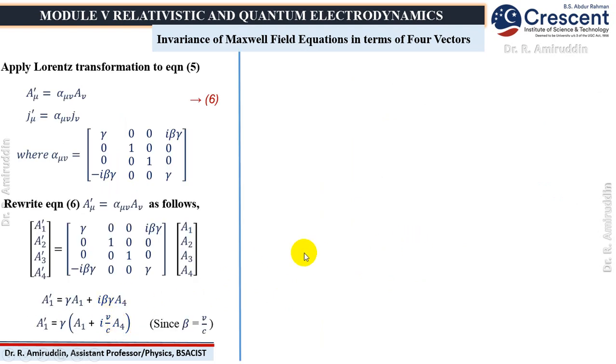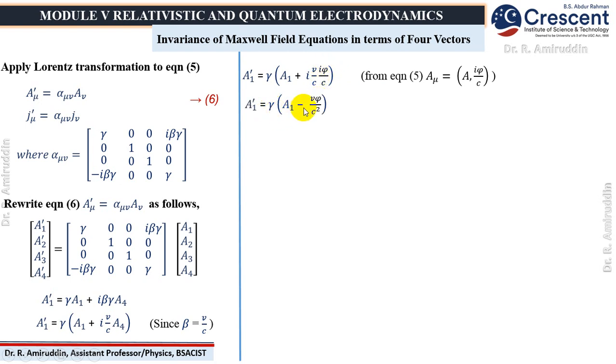So what we get, A1 prime is equal to gamma A1 plus I v by c into the fourth term, I phi by c. And as we know that I square is equal to minus 1, so we have a minus 1 over here, which is represented as A1 prime is equal to gamma into A1 minus v phi by c square.